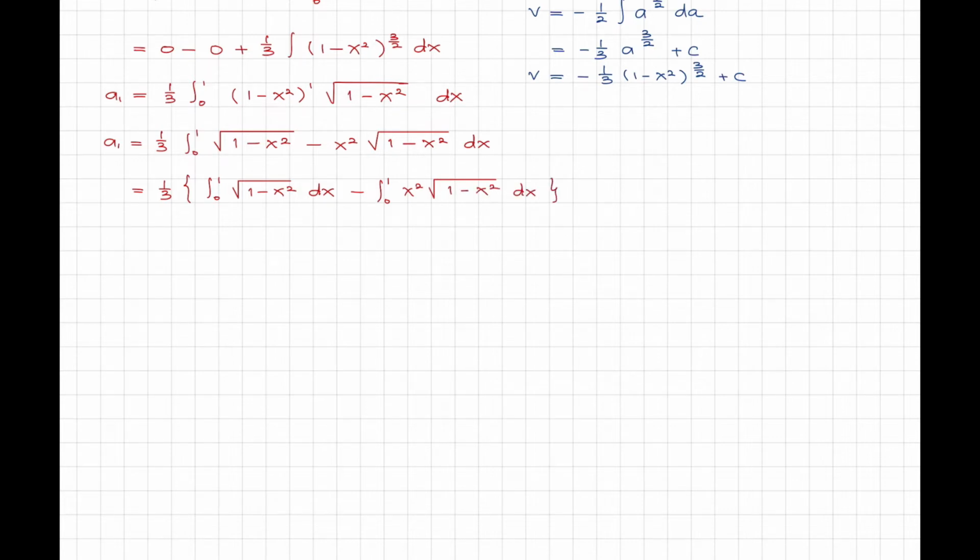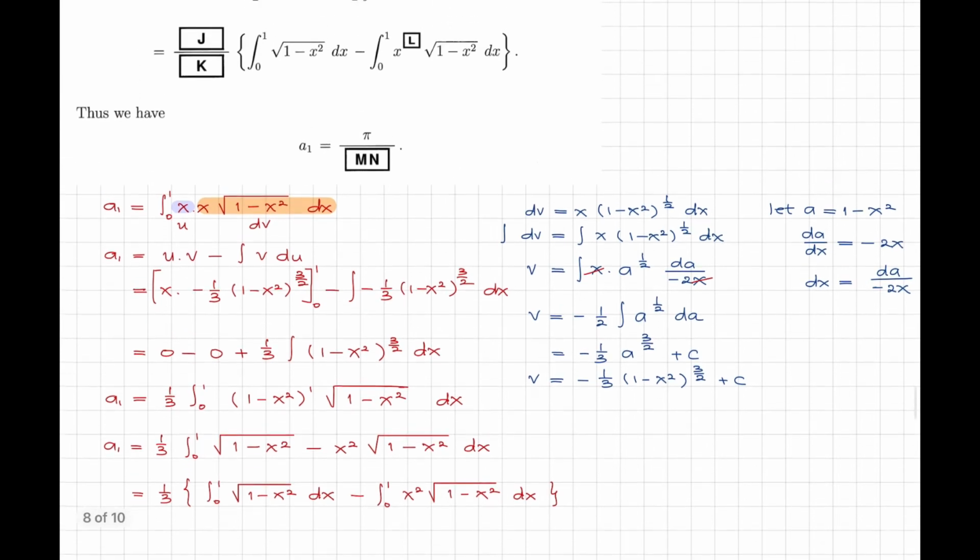This is the second part. And I think we already got the value of j, k, and l. j over k is 1 over 3. And then integration of 0 until 1, it's here. Minus x to the power of l. So l is 2.